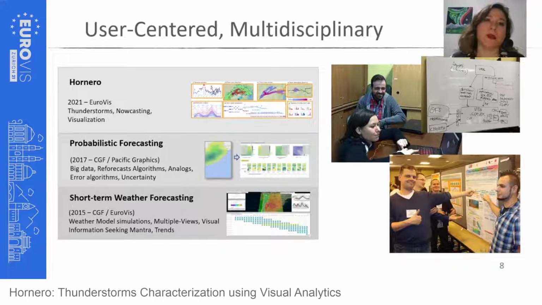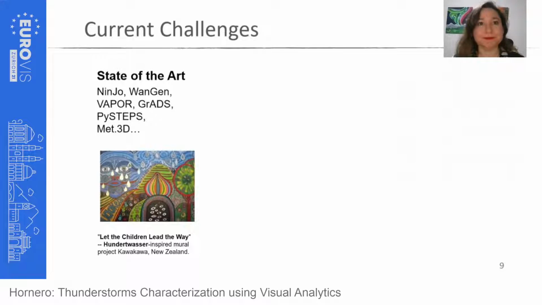We have been working for several years in close collaboration with meteorologists and researchers from the National Weather Services and the Center of Research of the Sea and the Atmosphere in Argentina.